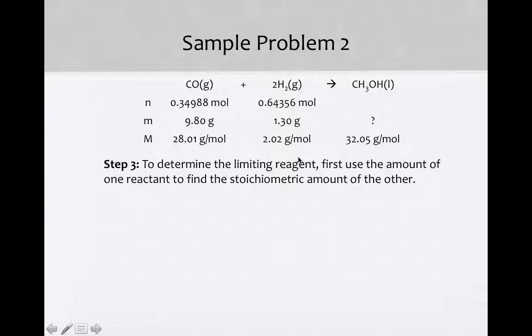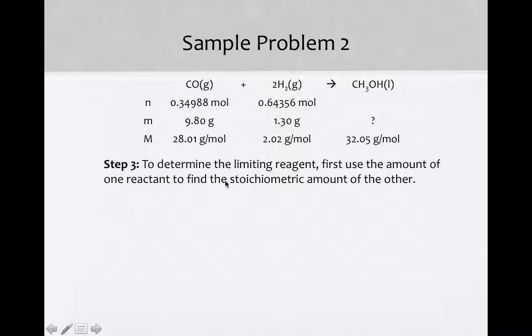Now we're at the exact same point that we were in the last lesson, where we were trying to identify the limiting reagent. We have the amount of moles of 2 of the reactants, and we need to figure out which one of these 2 is going to limit the reaction. Which one of these is the limiting reagent, and that's the one that's going to be completely used up and determine how much product is going to be generated, and which one's going to be the excess reagent, meaning that it's going to be left over once the reaction is completed.